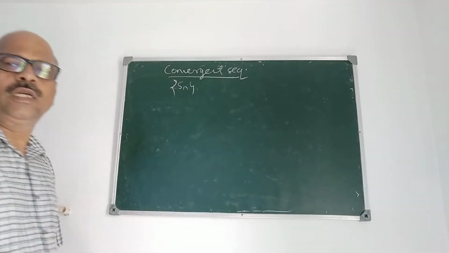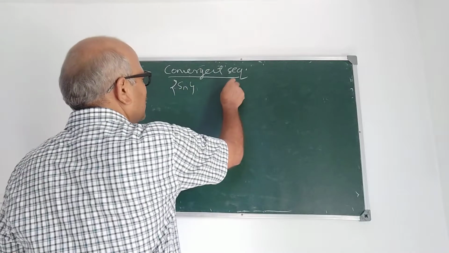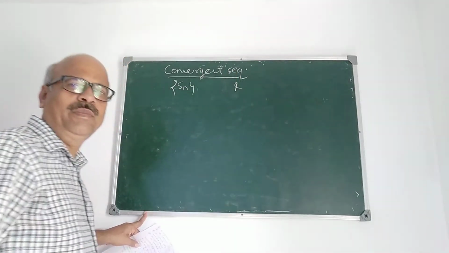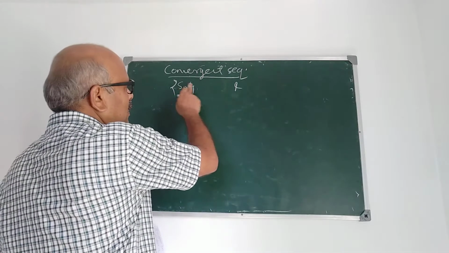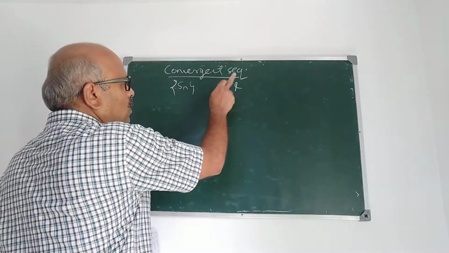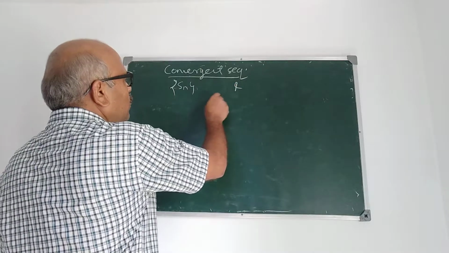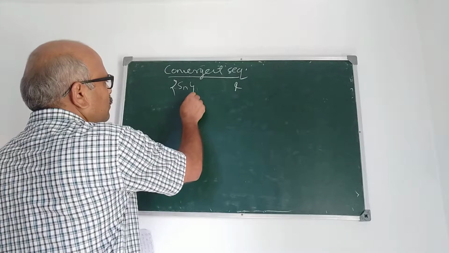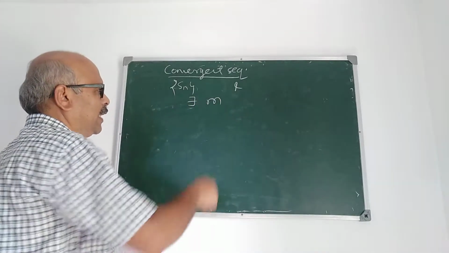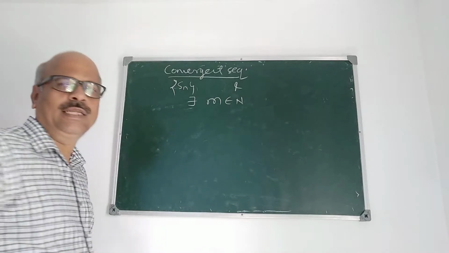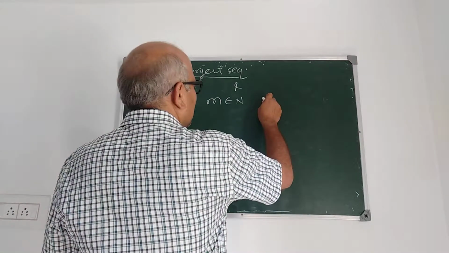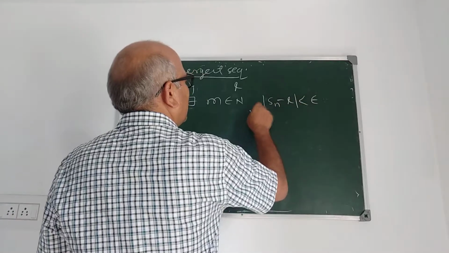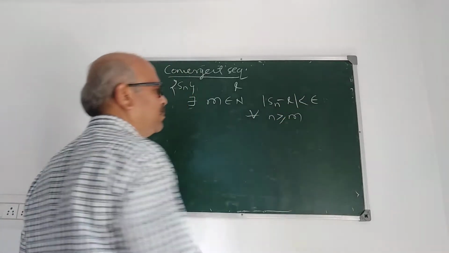We say that the sequence Sn tends to a limit L or converges to L. L is also called the limit. A sequence Sn is said to converge to L if for every epsilon greater than 0 there exists a natural number m, however large, so that mod Sn minus L is less than epsilon for all n greater than or equal to m.